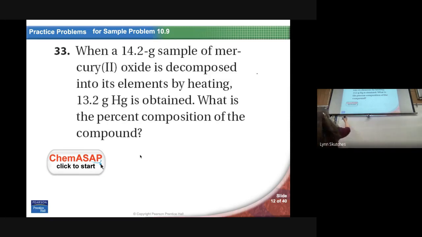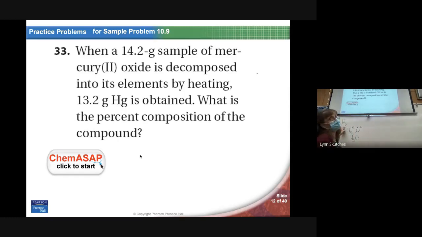So mercury(II): the Roman numeral 2 means it has a +2 charge. Oxygen has a what? -2. So this is going to go together in the same atom proportions, 1:1, like magnesium oxide. Totally different percentages.